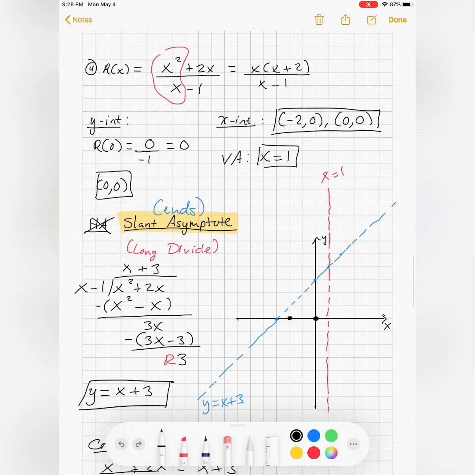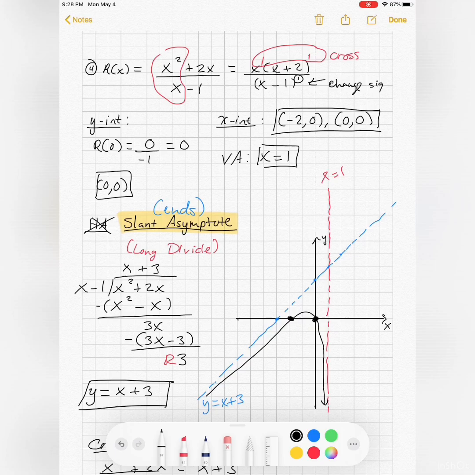That's it. So let me look up here at my multiplicities. Powers of 1 on the x-intercepts. Okay, so it has to be cross, cross. Now look at the vertical asymptote.